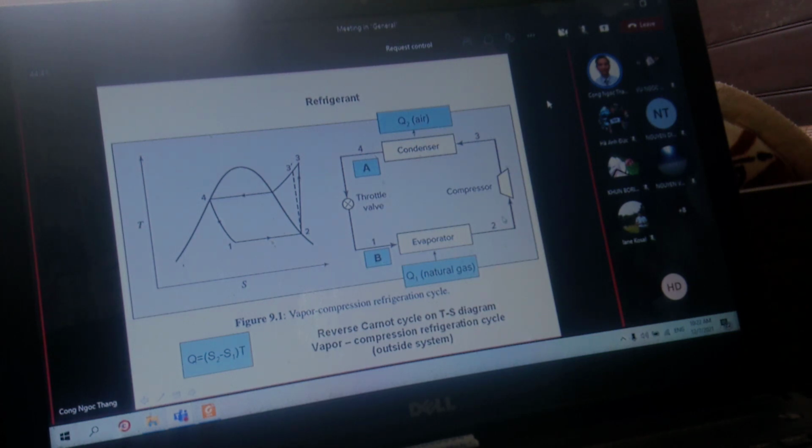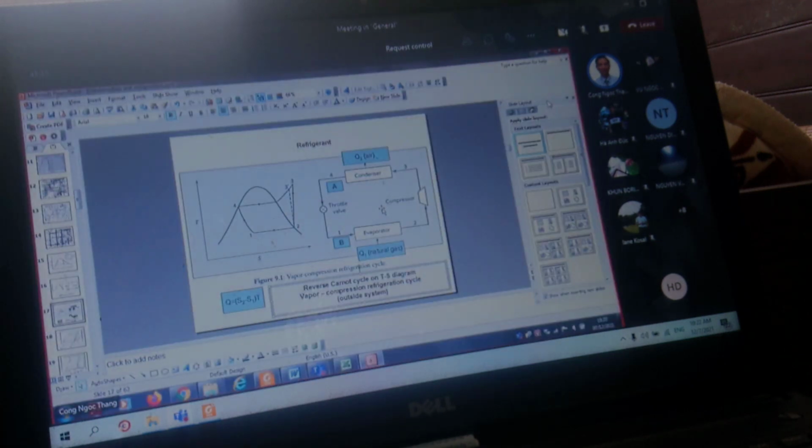So this system includes four main pieces of equipment. We have the evaporator, compressor, condenser, and throttle valve. Throttle valve, sometimes we call it expansion valve, okay.